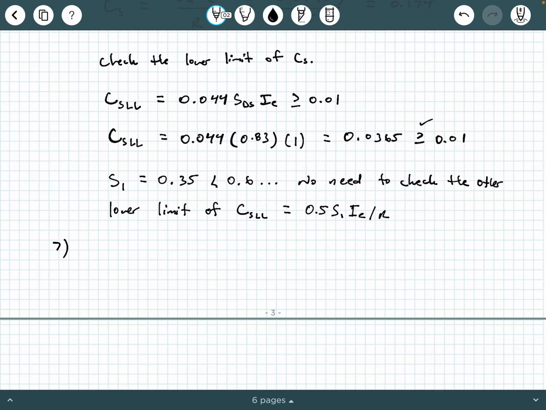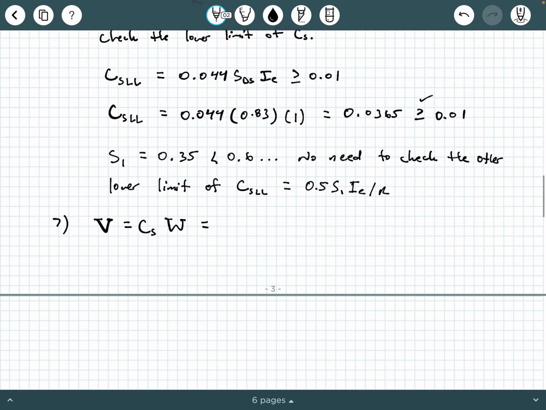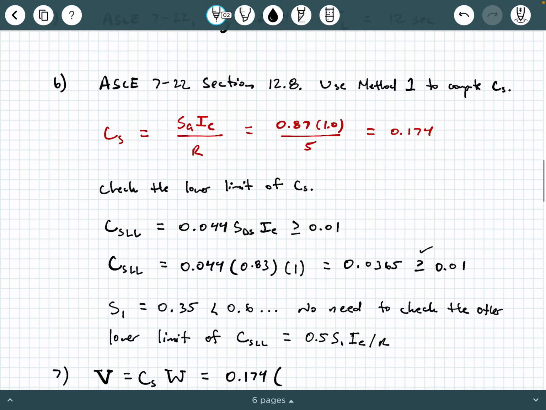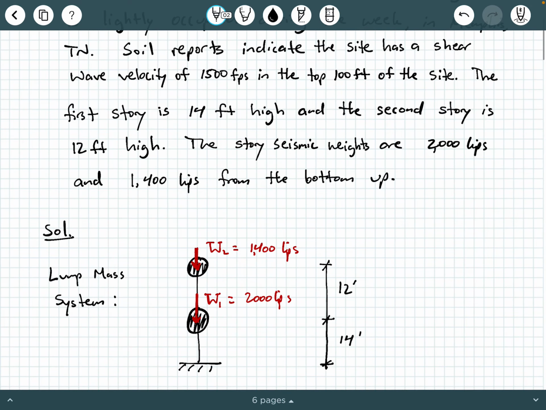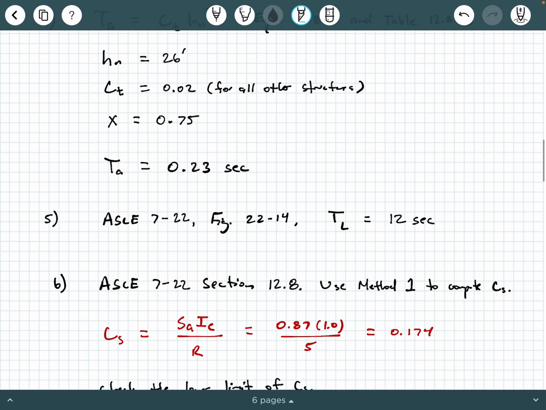We're going to say the seismic base shear is equal to C sub S times the total seismic weight, okay? So we're going to use this C sub S value of 0.174, and then the total weight is the sum of these two seismic weights that we were given here, 1,400 and 2,000 kips, all right? So that's our total seismic weight.